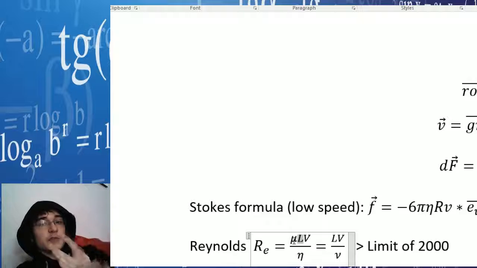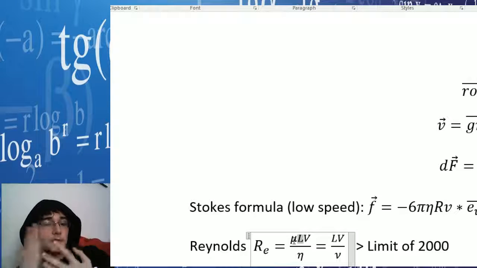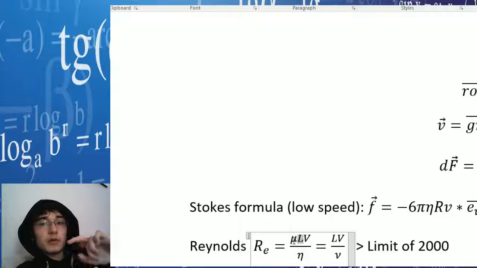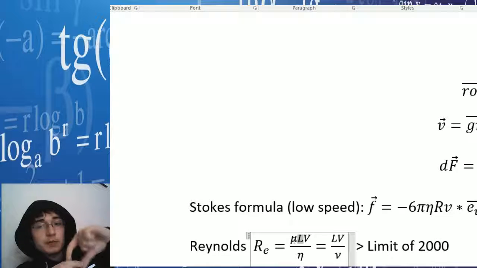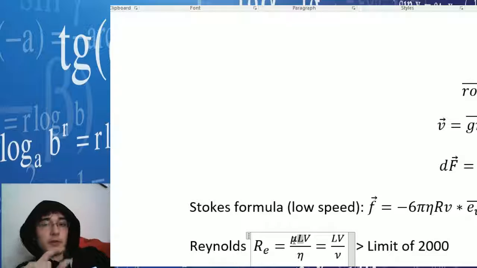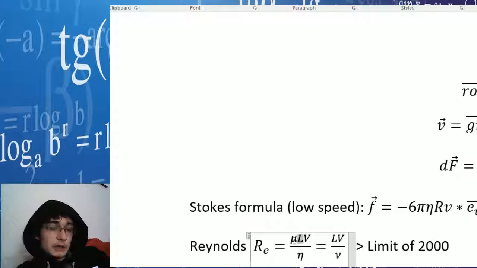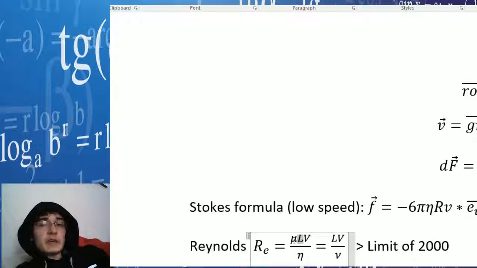For example, if you have in your bathroom the thingy where the fluid comes out, the diameter will be the L. It's not very important, the exact value. It's usually in centimeters, but it depends on your system. And V is an approximation of the speed of your fluid.